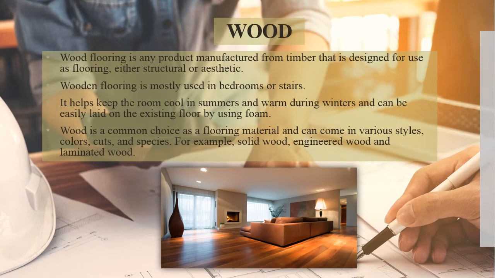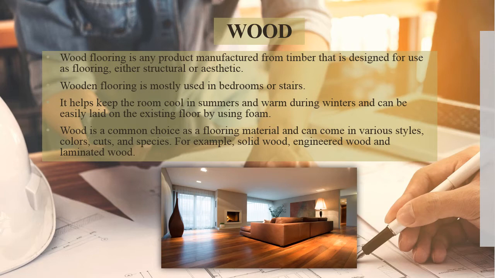Next is wood. Wood flooring is any product manufactured from timber that is designed for use as flooring, either structural or aesthetic. Wooden flooring is mostly used in bedrooms or stairs.